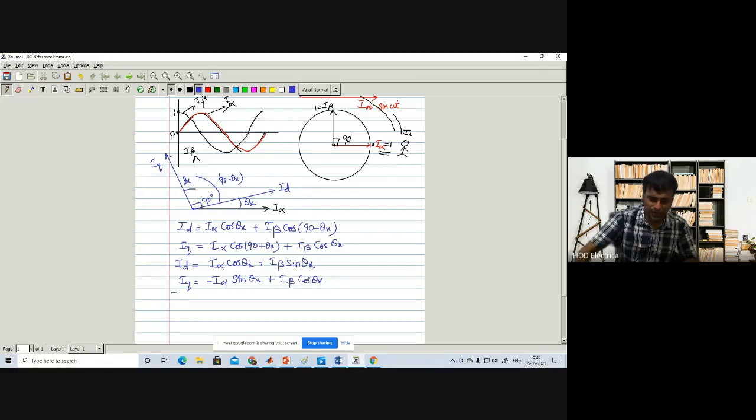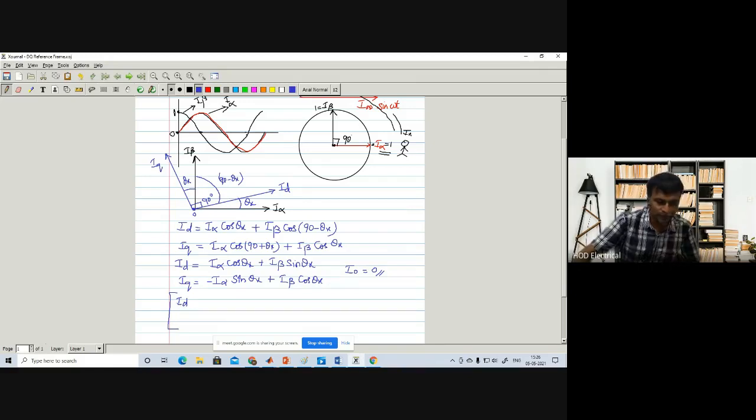From this we can conclude that another term, I naught, will be there. I naught will always be 0. This is in the middle of this. This is I naught. All the time I naught will be 0.